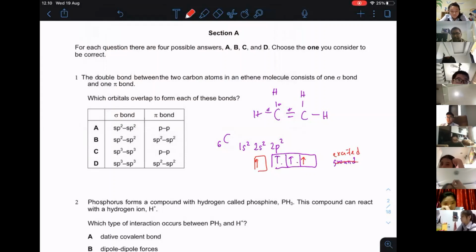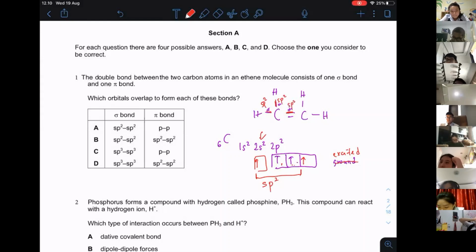Since I need 3, I am going to hybridize between S and P, because I need 3 only. This is because of S, and for the P, I only need 1 and 2. So I need sp2, and this is called sp2 hybridization. Each carbon is sp2 hybridized.